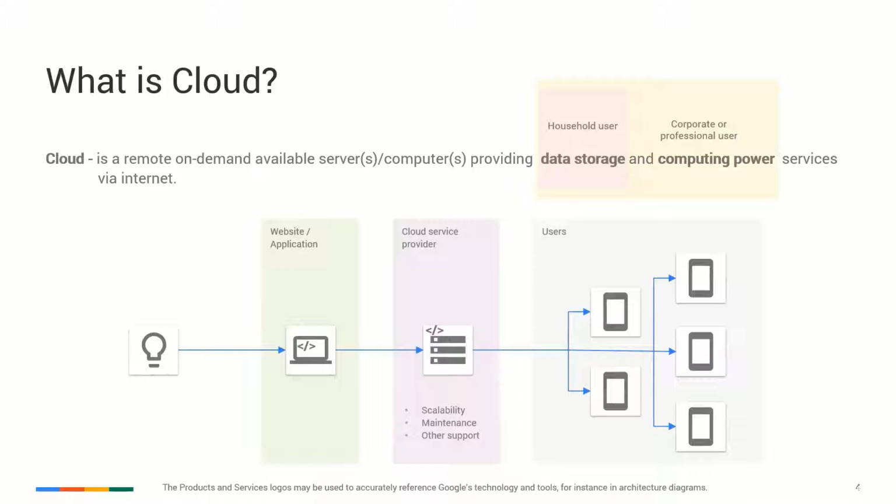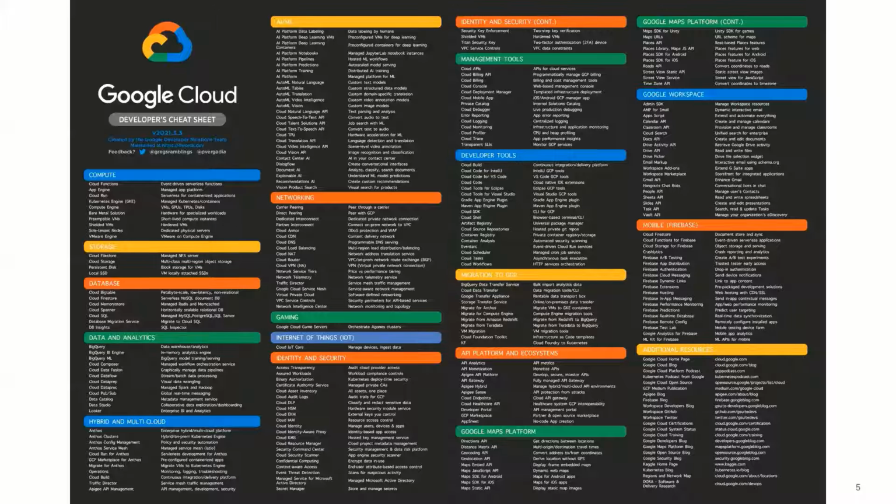The load will be handled by the cloud, which allocates to your application as many resources as needed. In addition, it provides maintenance and other kinds of support by professionals who work in the cloud service industry.